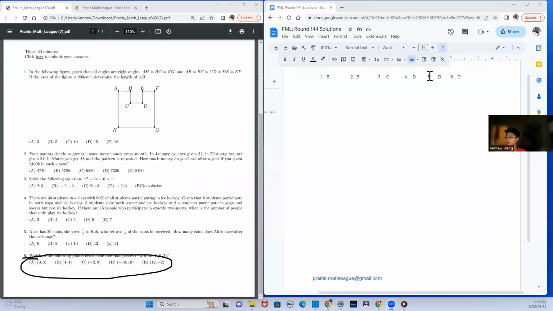The answers are the highlighted text right here. It is bolded, and you should be able to see this. So the answer to question 1 is B. The answer to question 2 is B. The answer to question 3 is C. The answer to question 4 is D. Question 5 is D. And question 6 is D.